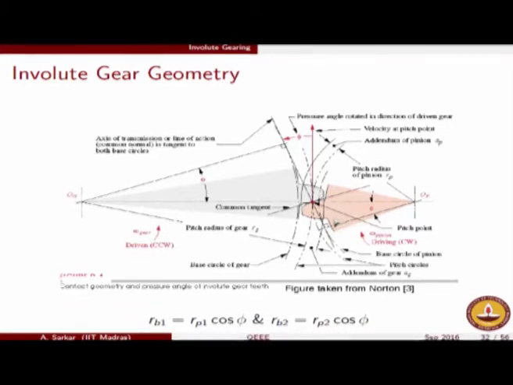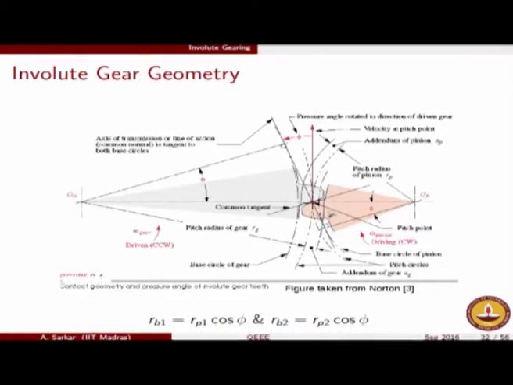So the force that is transmitted from the driver to the driven, where the driver is the gear shown on the right and the driven is the gear shown on the left, would lie exactly on the common normal between the two gear teeth, which we now understand is also the internal tangent to the base circles. These are the two base circles: this is the base circle for the driven gear on the left, and this, shown in the black dotted line, is the base circle of the driving gear, which is also the pinion or the smaller gear.